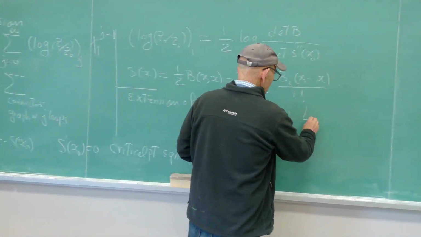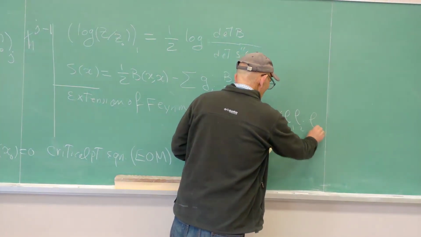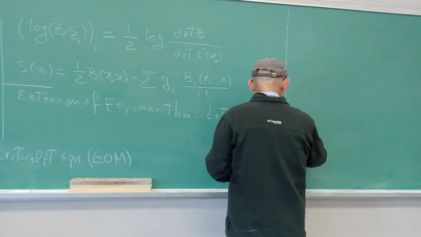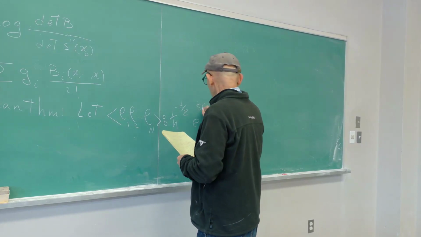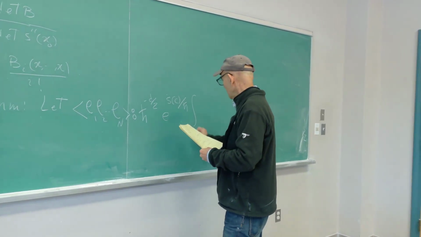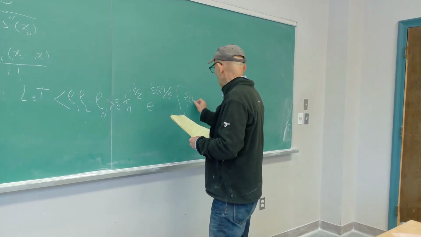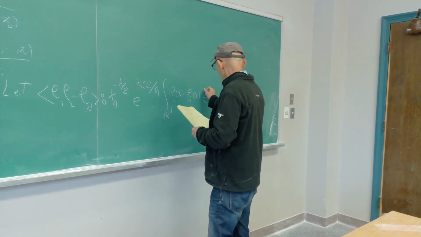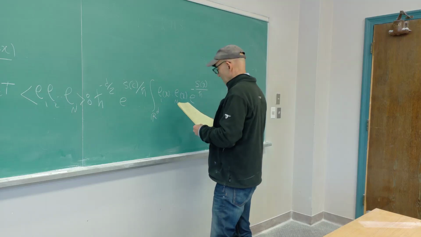The correlation of L1, L2, up to Ln is by definition equal to h bar to the power negative d over 2, exponential of S of x0 over h bar, times the integral over R^d of L1(x) through Ln(x), times the exponential of minus S of x over h bar, dx.